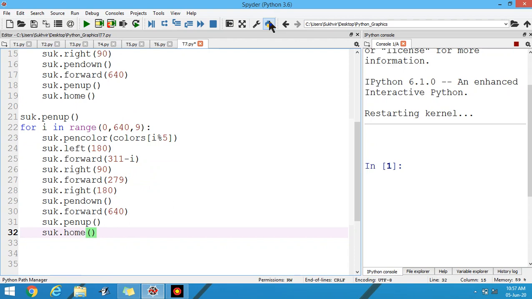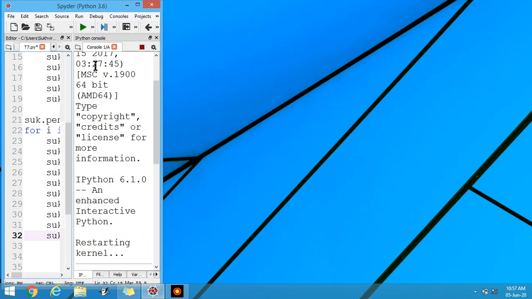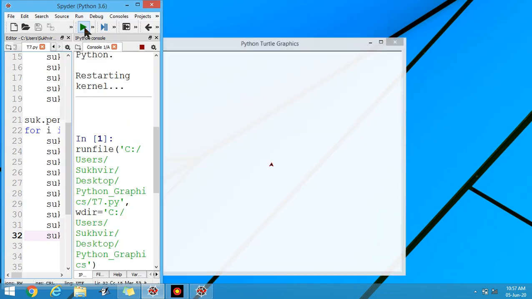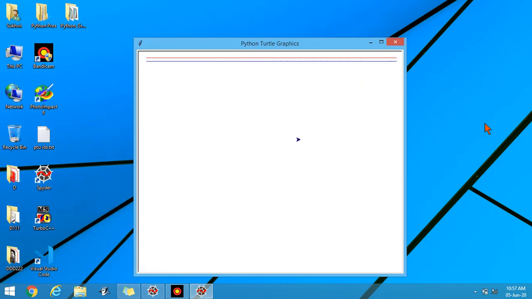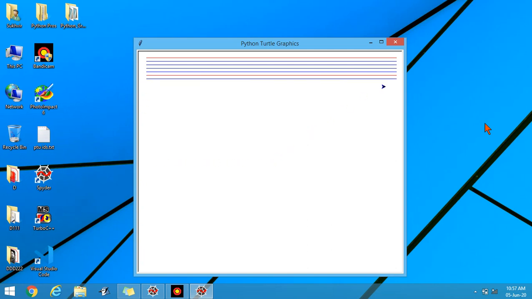Let us try to execute the program now. Let's check the output. These are the horizontal lines. One line is red and 4 lines blue. All the horizontal lines are there. It will draw all the lines.